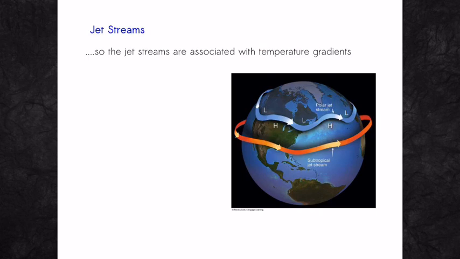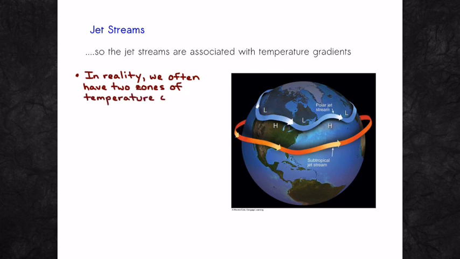And it turns out that in reality, we often have two zones of temperature contrast. I'm going to go ahead and write this out and make a note of it. On average, that's what you see.